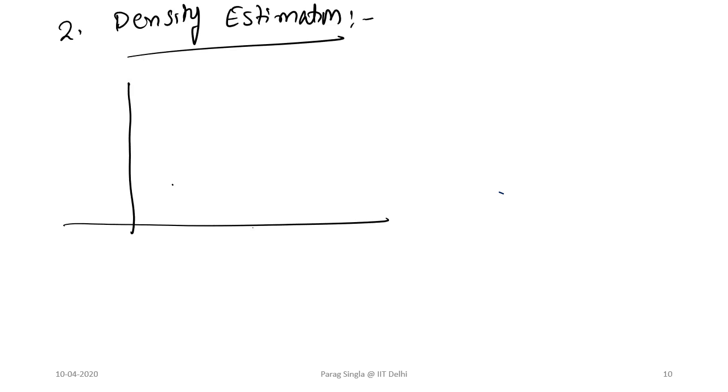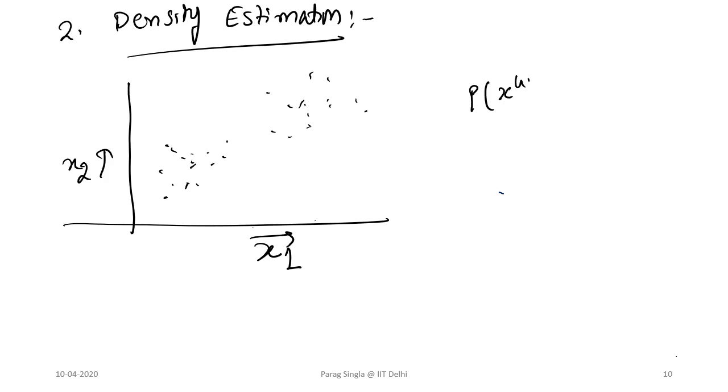So let me draw the diagram again that I had drawn earlier. You are given this data with two features, x1 and x2, and for any given data point, you want to figure out what is the probability of xi under some parameterized model with parameters theta. Here we would take inspiration from our GDA model, or Gaussian discriminant analysis model.